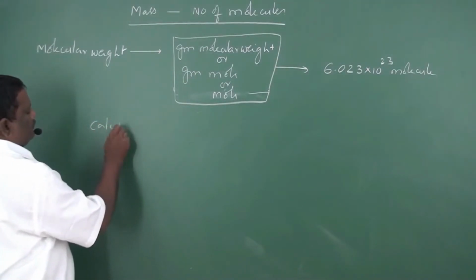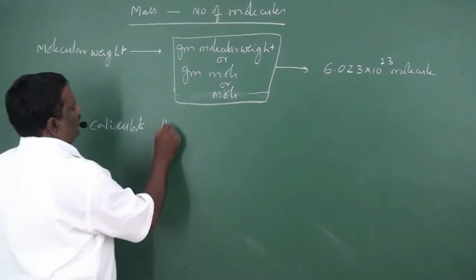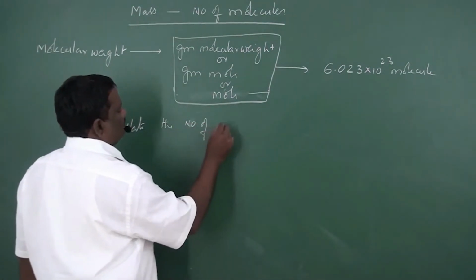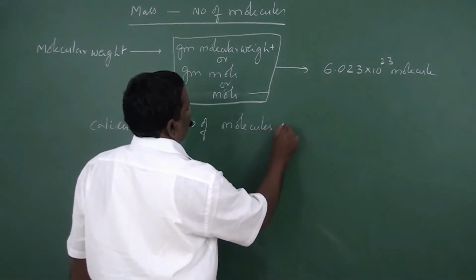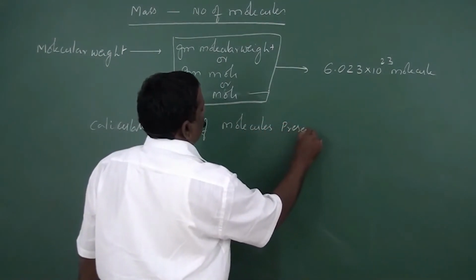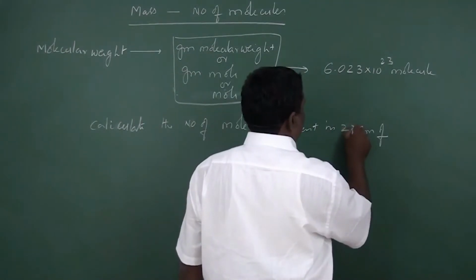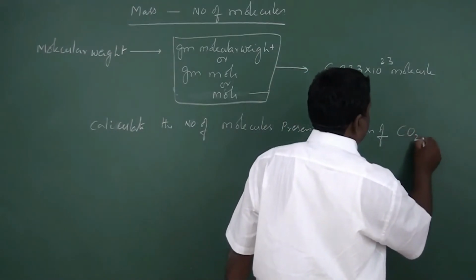Now let us take one problem. Calculate the number of molecules present in 22 grams of CO2.